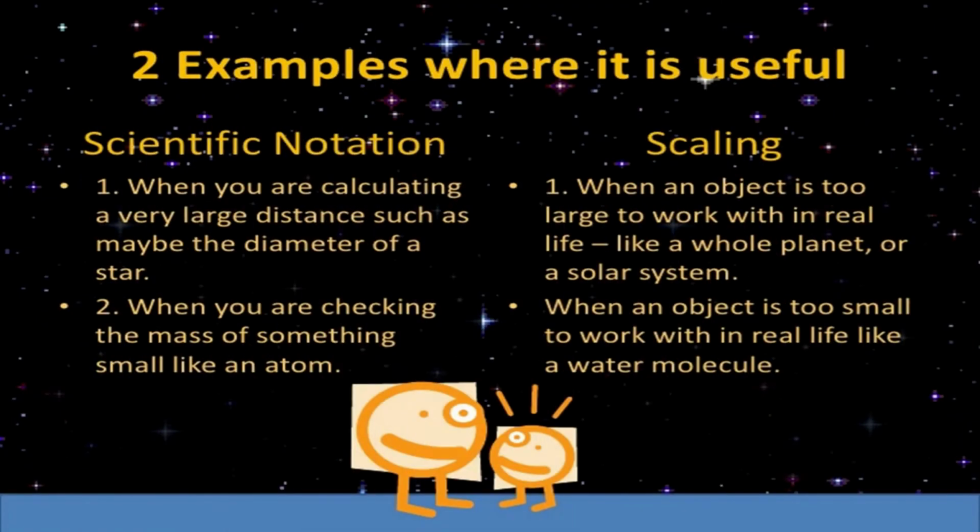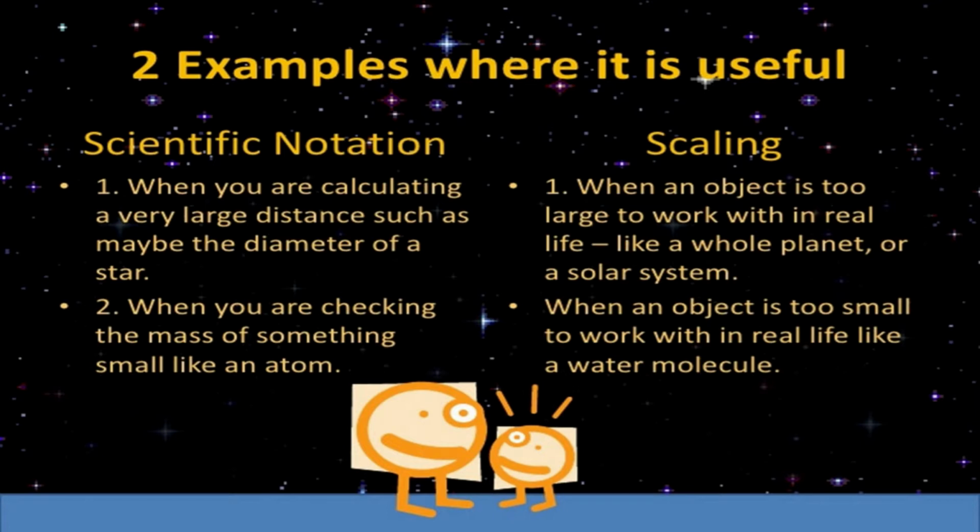Let us see some real life examples where it is useful. Scientific notation is useful in some places. They are when you are calculating a very large distance, such as the diameter of a star or a diameter of a planet, and when you are checking the mass of something small like an atom.